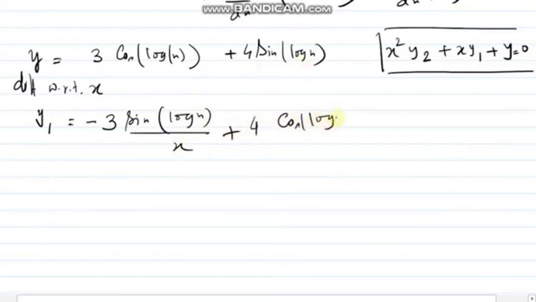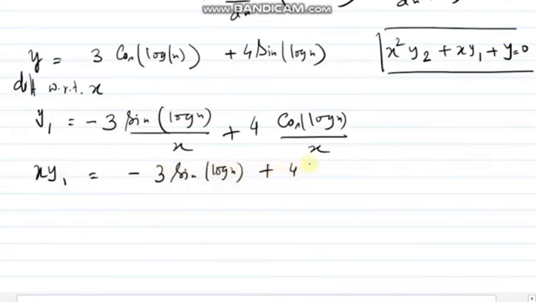It's cos log x divided by x. I don't like the denominator, as I said, so I'll multiply x on the left hand side. So x y1 is equal to minus 3 sin log x plus 4 cos log x, right?